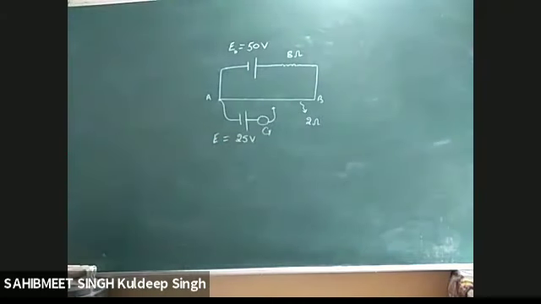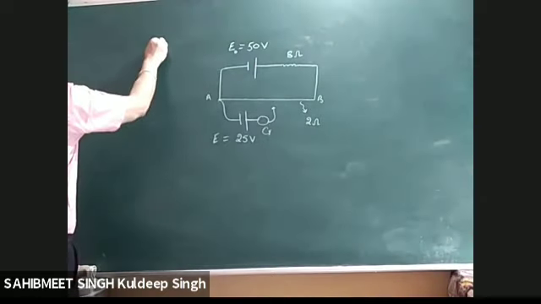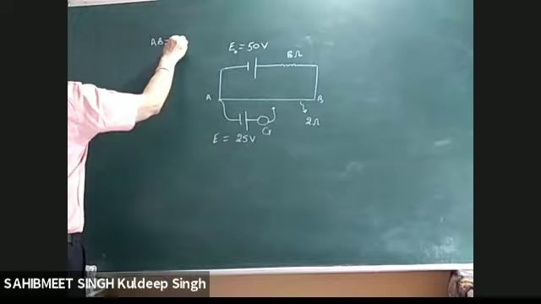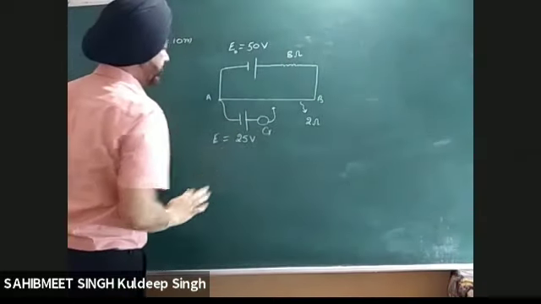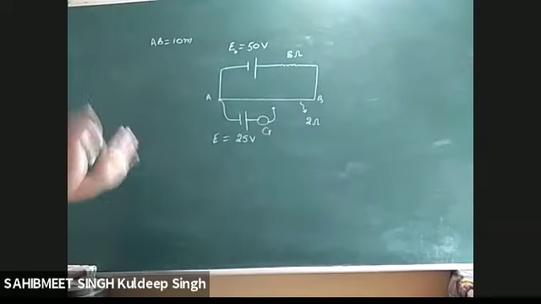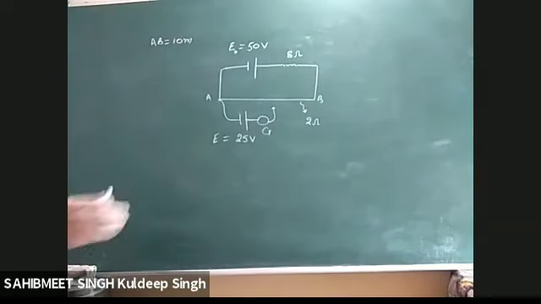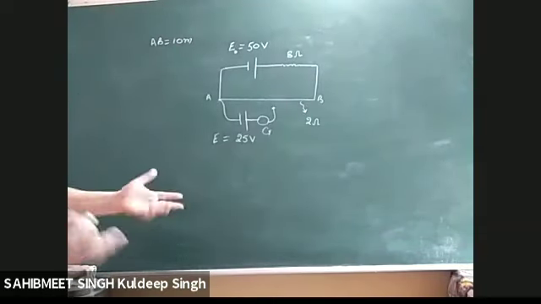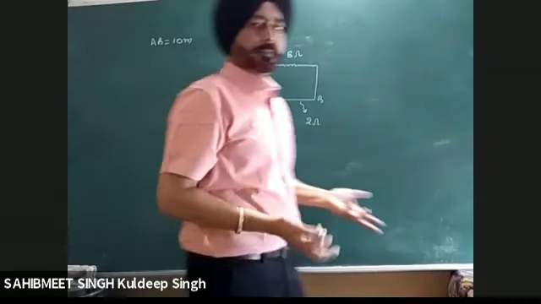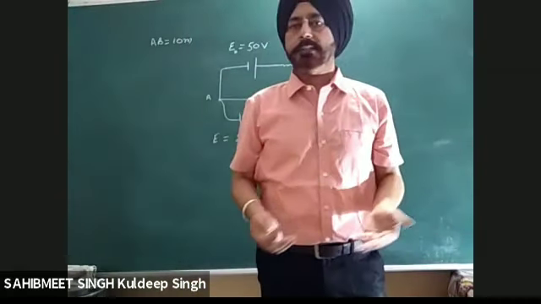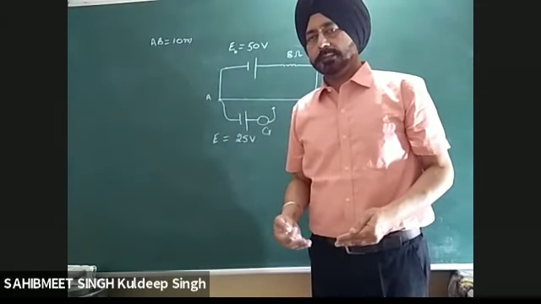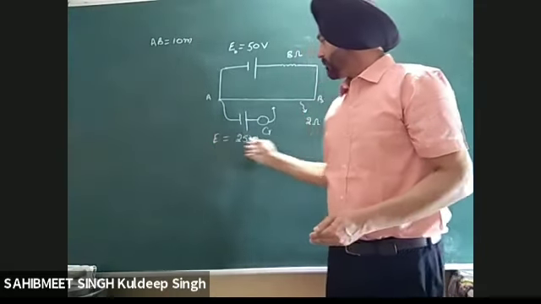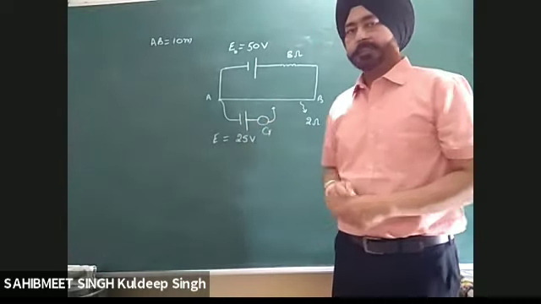The length of the wire is 10 meter, given to us. All is given. We are just to find the position of the null point. There are 2 steps. Number 1, find the potential gradient, and number 2, find the length of the wire that balances it.